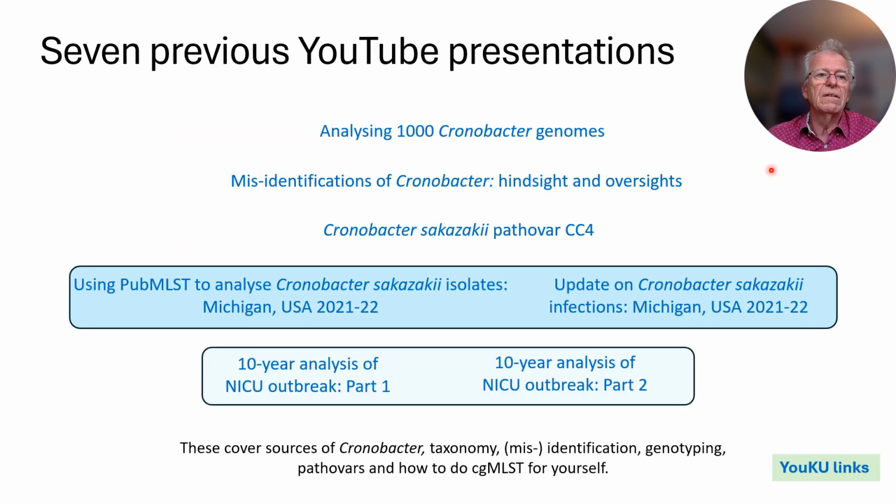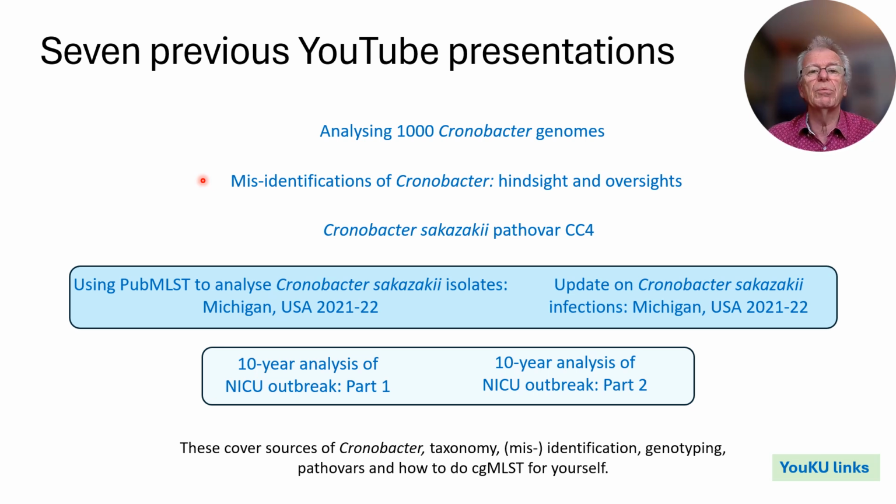In the past, I've done in total 7 YouTube presentations. One of the last ones I think was this one where I was analysing 1,000 Cronobacter genomes and reporting what I was finding in that diversity. One which I think is very important for people to look at is the issue over identification and so often the misidentification of Cronobacter that's occurred.